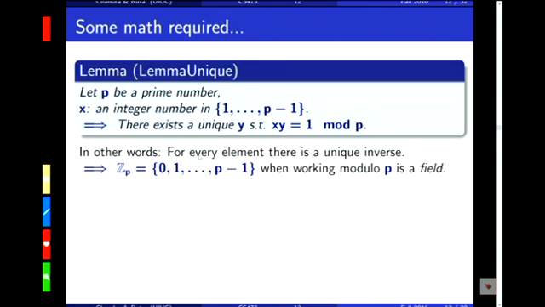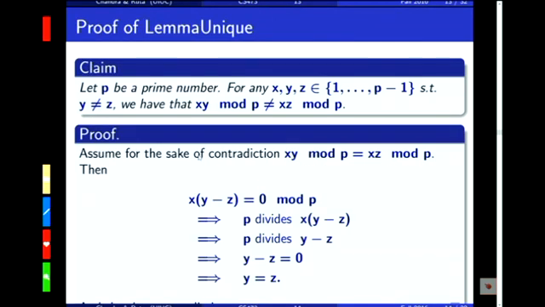Let's see why. First I want to claim that if you fix x, y, z such that y does not equal z, then xy mod p cannot equal xz mod p. Why? It is simple algebra. Suppose to the contrary they are equal mod p. Then x times (y minus z) is 0 mod p, since you are just doing xy minus xz.